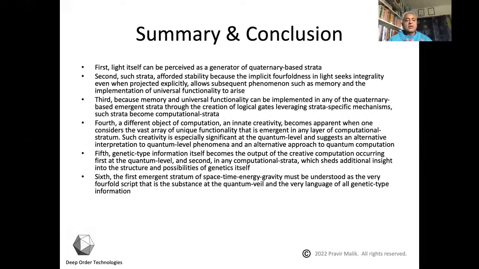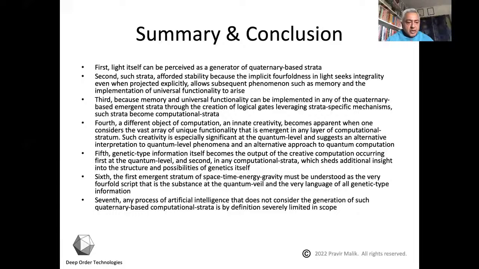Sixth, in the emergence of space-time energy gravity, we can understand this to be a fourfold script that's required or recorded in a space-time energy gravity fabric. And it can be thought of as the very substance of what's happening at the quantum level and the very language of all genetic type information as well. Again, I've explored this in some detail elsewhere, but I just wanted to draw this out as a conclusion.